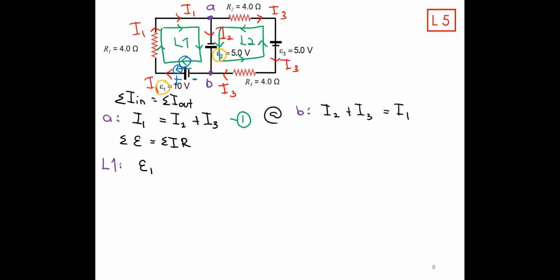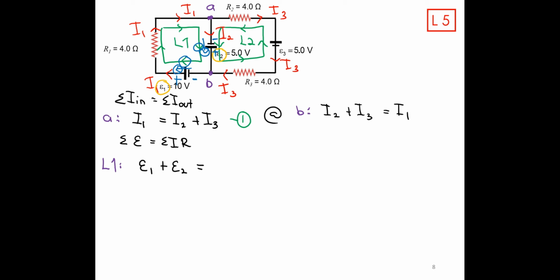Then for EMF2, negative terminal, positive terminal, and the direction of the loop is also in the same direction as the EMF. So this is a positive EMF2. This is the method. If you follow all the methods correctly, you can get the correct answer. Okay, settle for EMF.